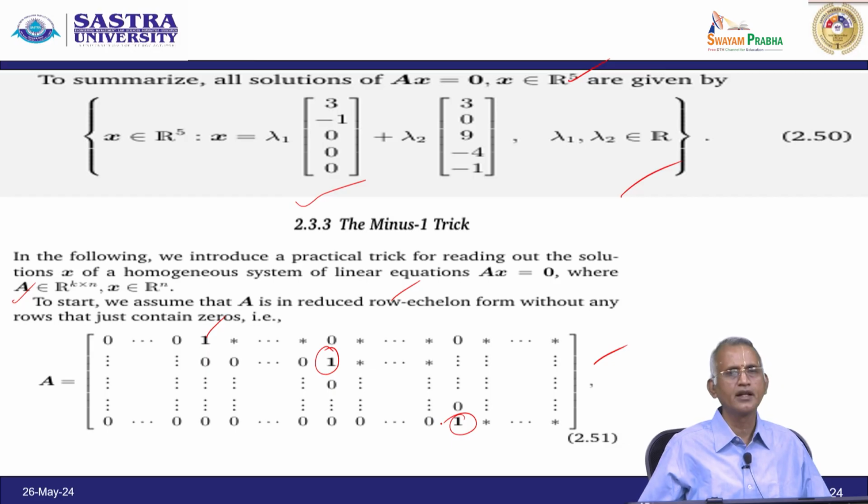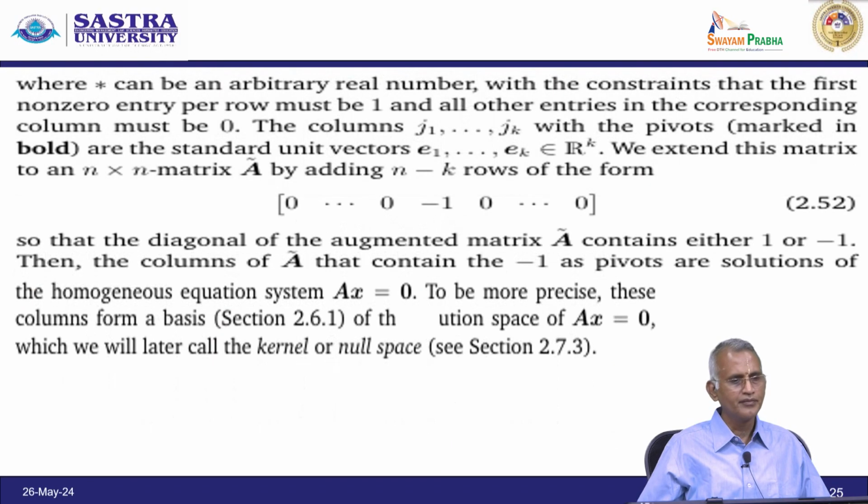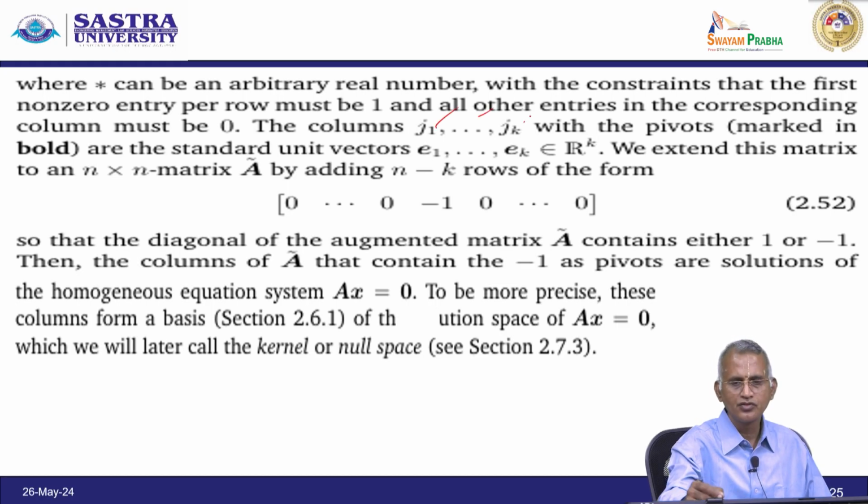The stars can be arbitrary real numbers, with the constraints that the first non-zero entry per row must be 1 and all other entries in the corresponding column must be 0. Therefore, the columns J1, J2 and so on up to Jk, with the pivots marked in bold, are the standard unit vectors E1, E2 and so on up to Ek in R to the power k.